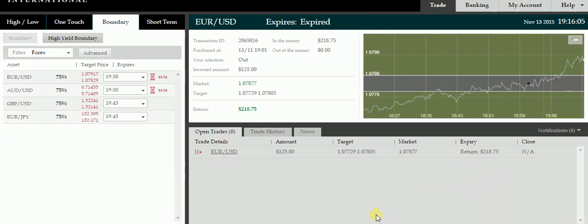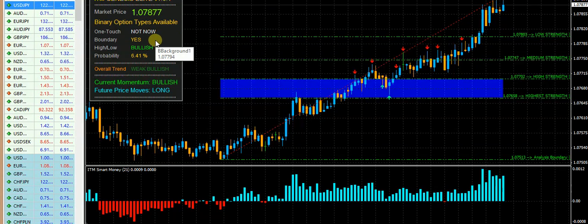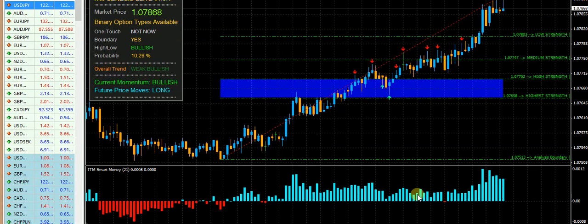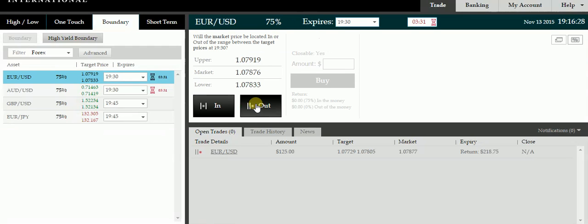So we'll just go back to our MT4 platform to see if we still have any more opportunities. So we do have another boundary opportunity here. So we just wait for that candle to expire to enter into our trade. So we just prepare the trade for EURUSD to finish in the next 15 minutes.